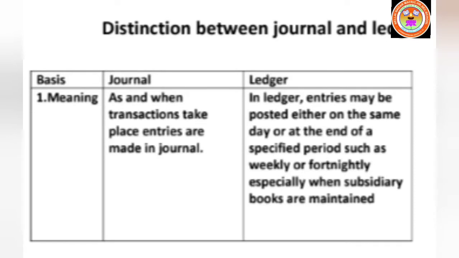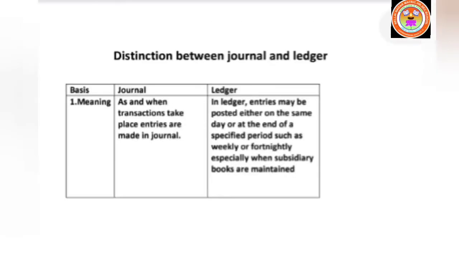Distinction between journal and ledger. On the basis of recording: under journal, as and when transactions take place, entries are made in the journal. In ledger, entries may be posted either on the same day or at the end of a specified period, such as weekly or fortnightly, especially when subsidiary books are maintained.